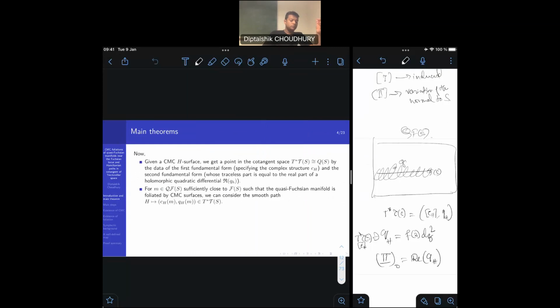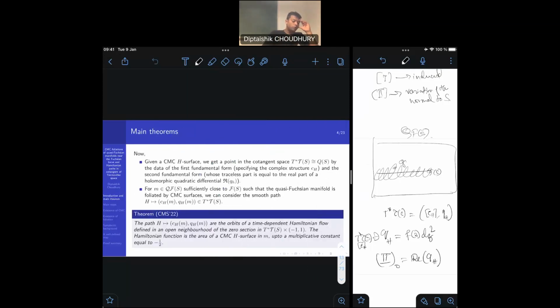So given these two points, this data of a CMC-H surface, for a fixed manifold we want to consider this path H, which goes from H to the corresponding values of the first and the second fundamental forms. What we want to show further is that this path is the orbit of a time-dependent Hamiltonian flow defined in an open neighborhood of the zero section of the cotangent space times (-1, 1).